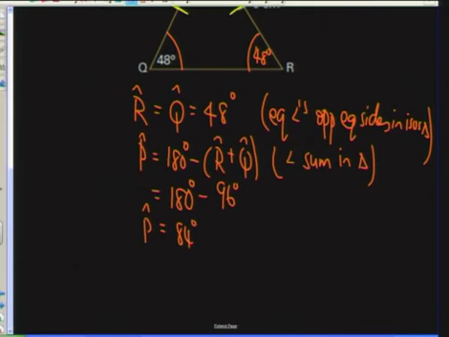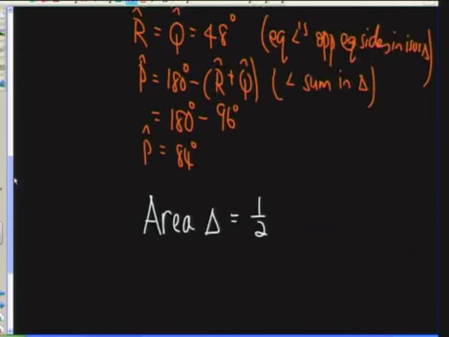Now we're ready to work out the area. So the area of the triangle is a half. Let's look at the sides.